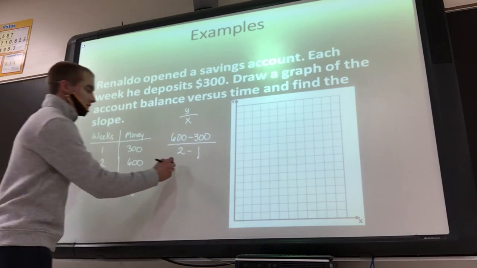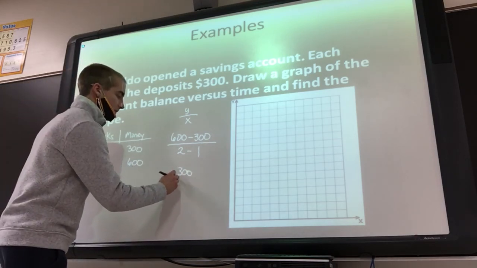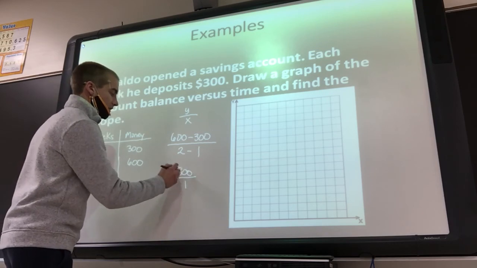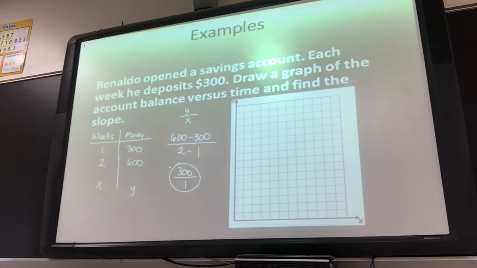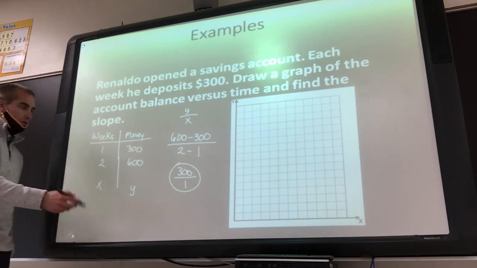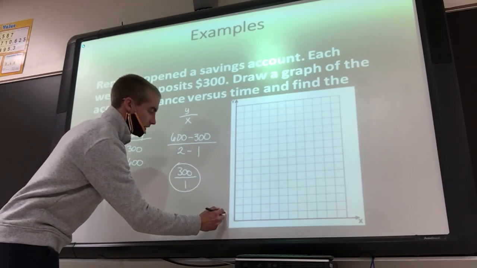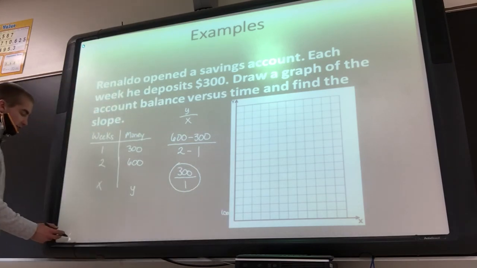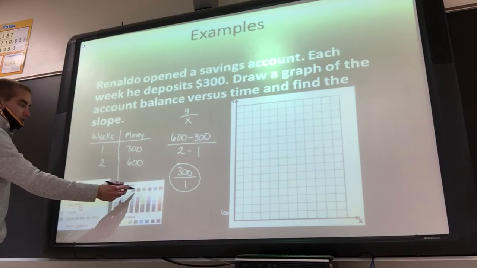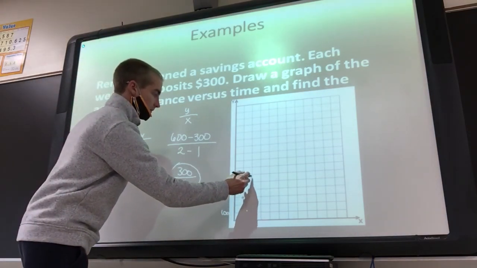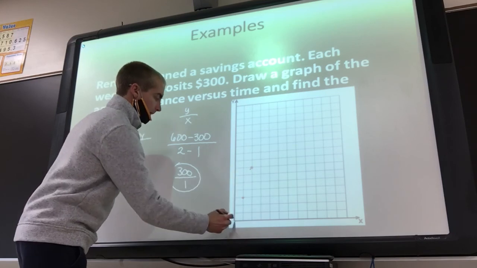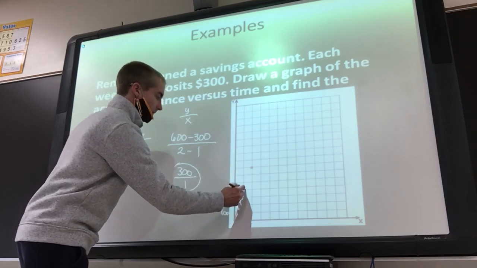Subtract those, we get 300 over 1, or just 300. And so to graph it, let's say we went up on the y-axis 100. Every line was 100. It would look like this. And then we could connect it.